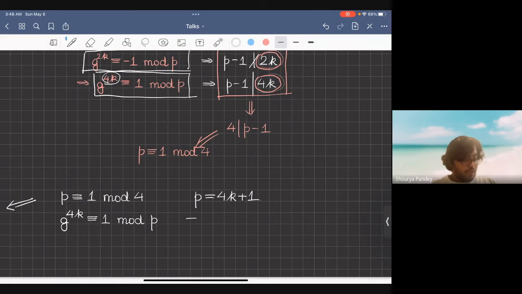Okay, so we have g to the 4k minus 1 is 0 mod p. So you're saying that we can factorize this, which is true. We can factorize it as follows.